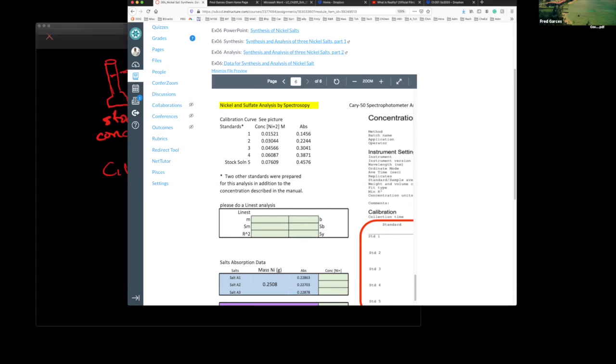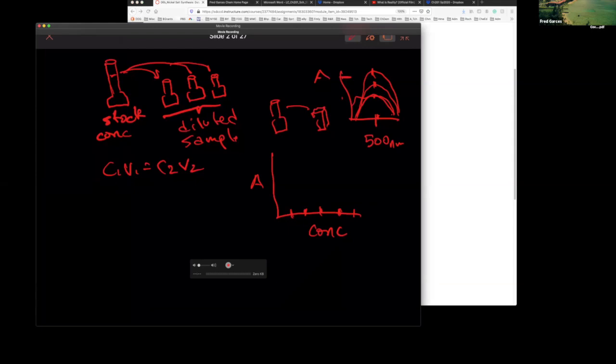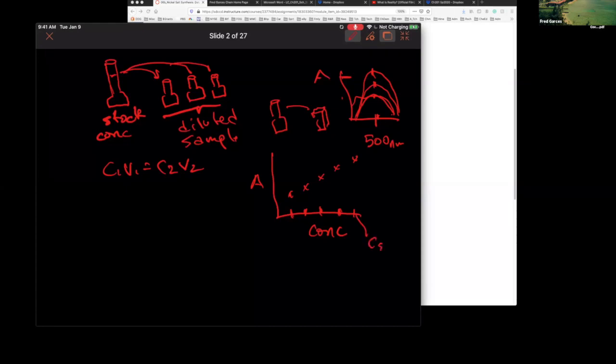Anyway, you're going to get a calibration curve that looks like this. And this is going to be your stock. It's going to be the highest concentration. It's going to give you the highest absorbance.